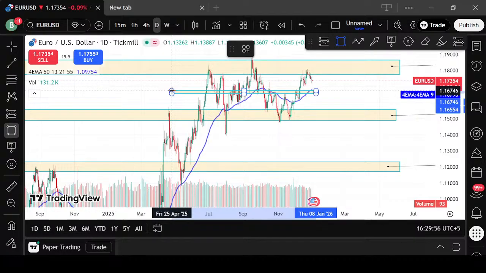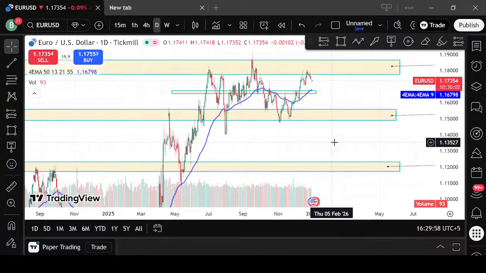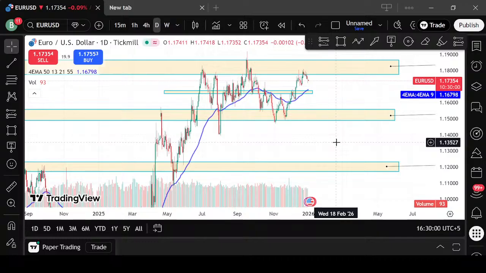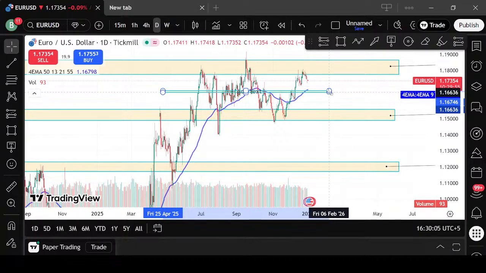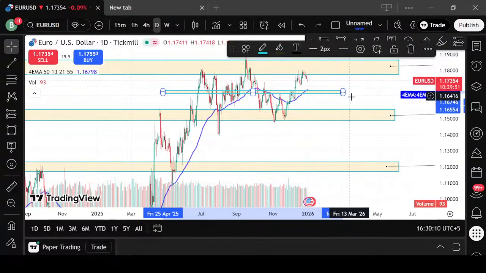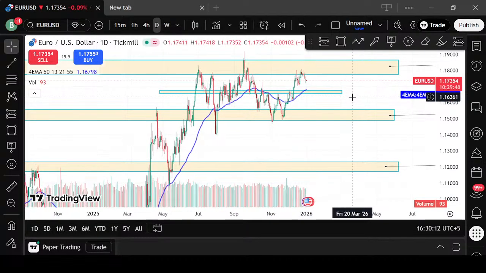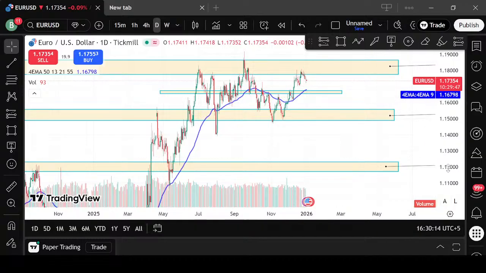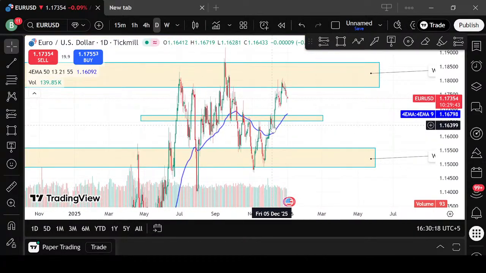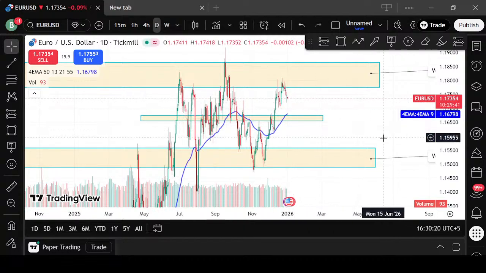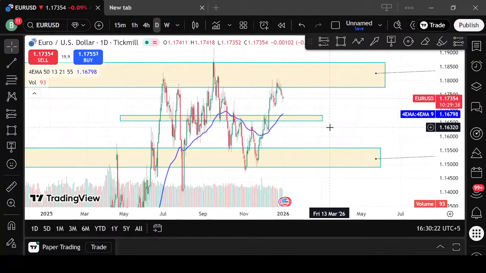Okay, so this is the clear spot. If price touches here, let me make it longer so that you can understand it very well. So this is our spot area on the 1D time frame. You can clearly see that.